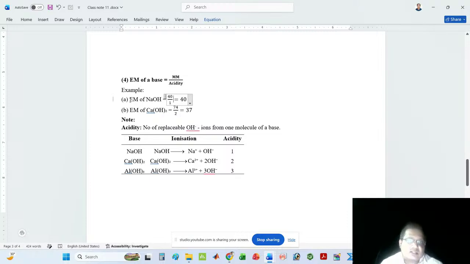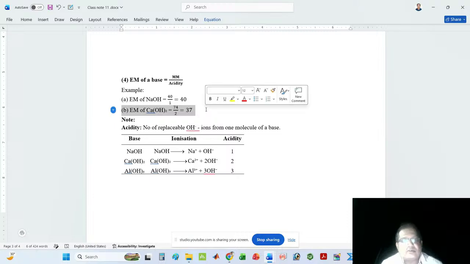So the equivalent mass of NaOH is 40 by 1, which is equal to 40. Similarly, equivalent mass of calcium hydroxide: the molecular mass is 74 and the acidity is 2. So the equivalent mass of calcium hydroxide is 74 divided by 2, which is equal to 37.